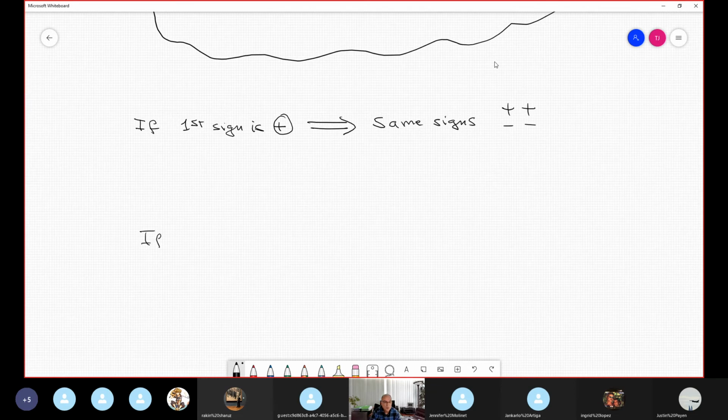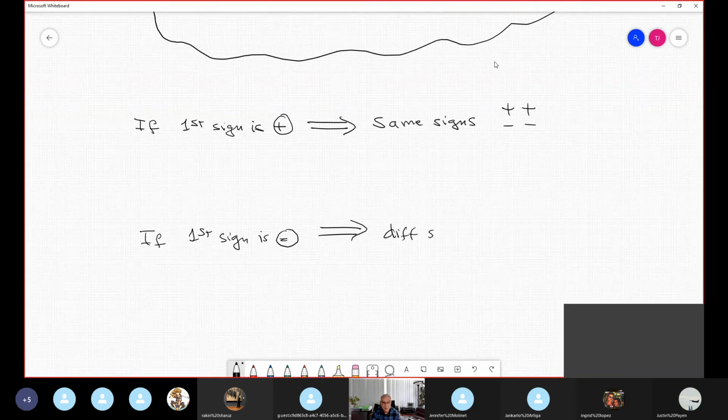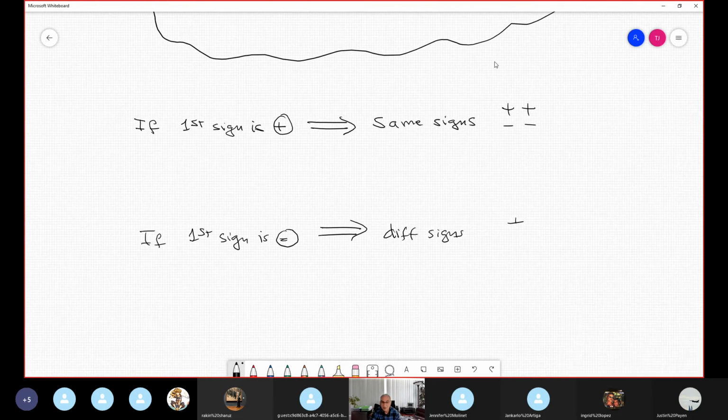If the first sign is minus, it implies different sign. Different sign means plus. This is the formula, but the formula is not always so.